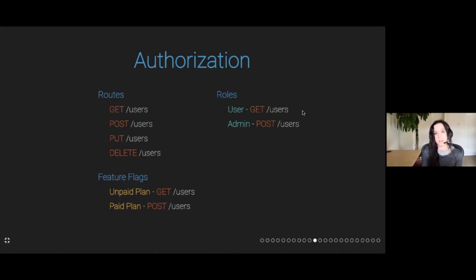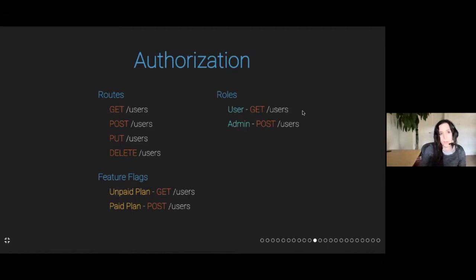And we might define something along the lines of a feature flag for that. So now you have these complexities with roles and feature flags, and I'm sure there's a number of other things you can introduce there, various permutations that have to do with authorization.